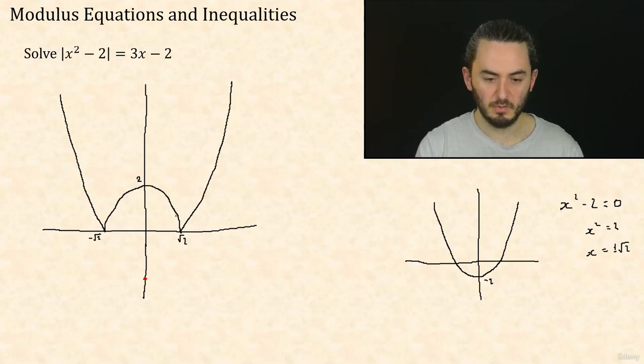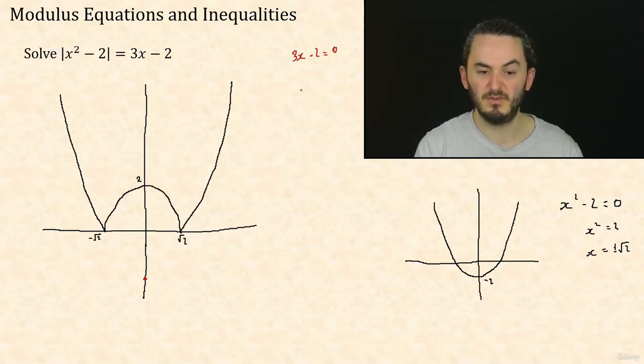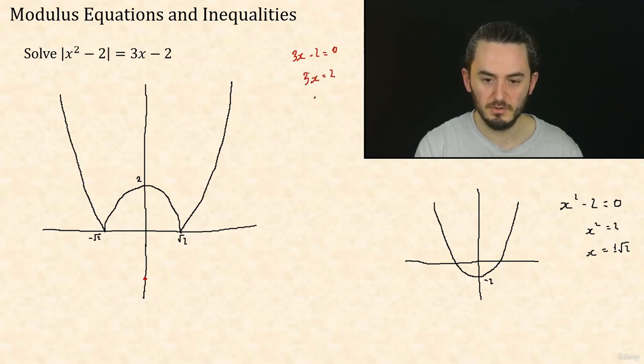So the key thing is, would it cross on this side or that side? Well, to figure out where it crosses the x-axis, that's just when 3x minus 2 equals 0. So that's when 3x equals 2 and when x equals 2/3.